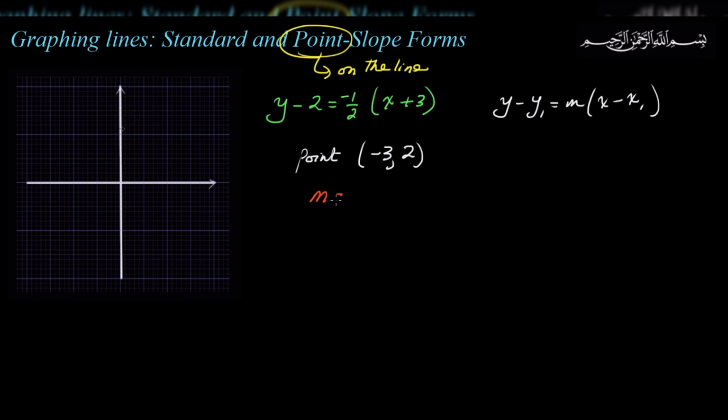All right, anyway, that's the point. And what's the slope? Slope is negative 1/2. That's easy peasy, and that's all you need to graph the line. So let's put this point on the graph here. Let's have good mathematical manners. Let's label our axes here, x and y, and let's label some of these tick marks: that's 2, that's 3, and that's 4, and then that's 1, 2, 3, 4.